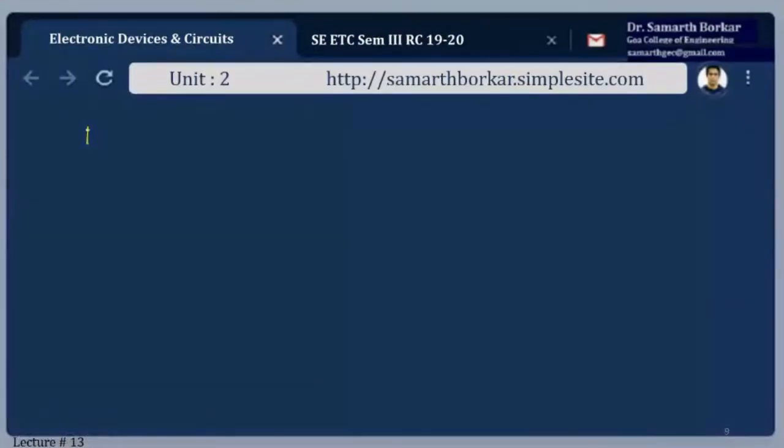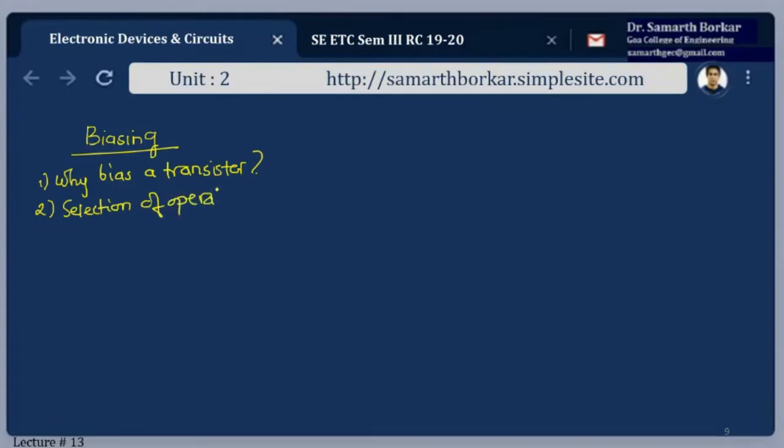So this biasing has got certain things to perform, and it depends upon the Q point. Now I have as a task, I want you all to understand why bias a transistor. Second task is selection of operating point, that is Q point.